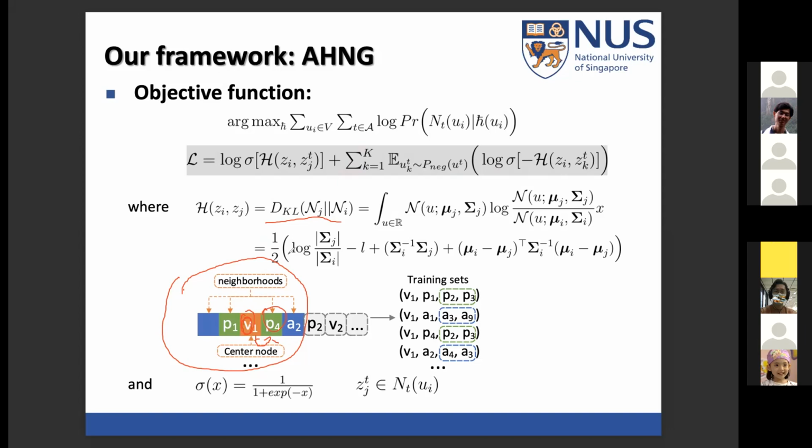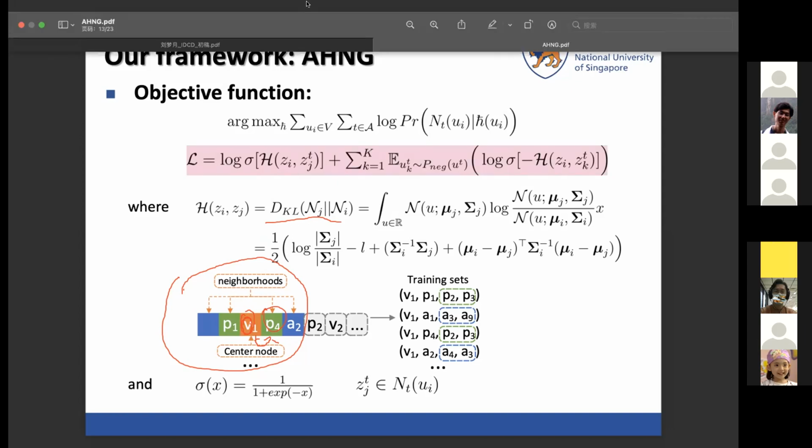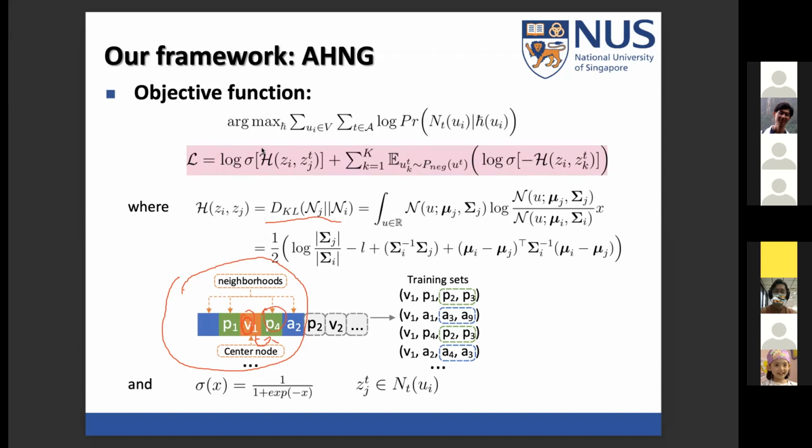I have a concern that the influence of the neighbors seems too strong. After all, you're using KL divergence. Suppose two neighbors share exactly the same distribution, including the mu and the sigma, and it will just minimize the objective function. That is my concern here.